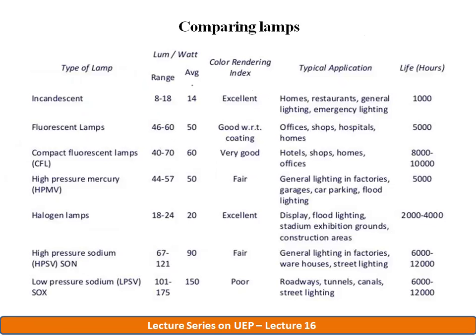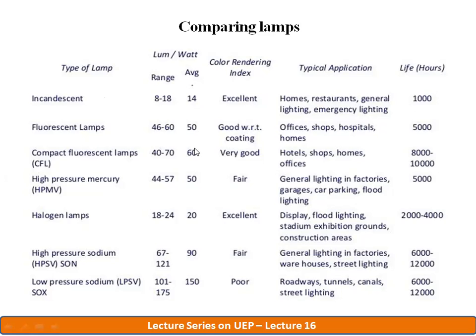This is the comparison between the different types of lamps. The color rendering is excellent in incandescent; working hours are 1000, and its average luminous efficiency is 14. Fluorescent lamp luminous efficiency is 50, color rendering is good, and life is 5000 hours.